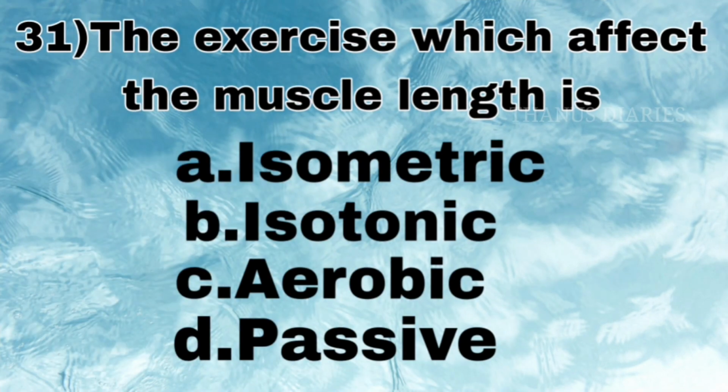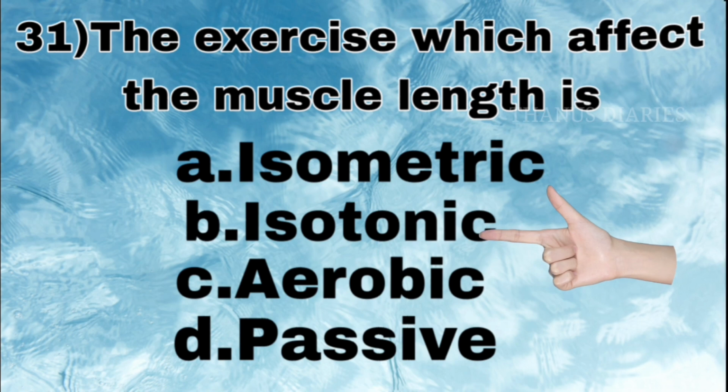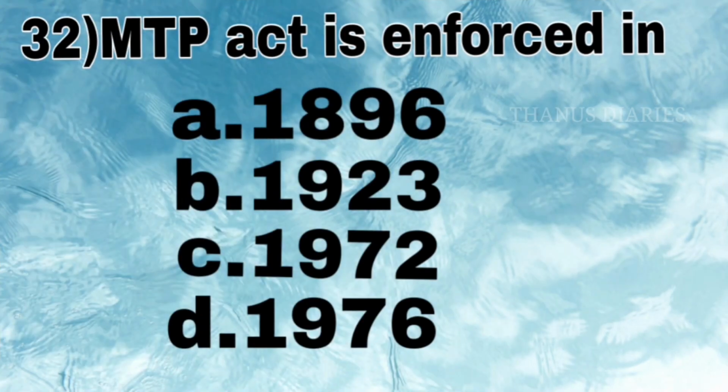The exercise which affect the muscle length, isometric, isotonic, aerobic and passive exercise. It's isotonic exercise which affect the muscle length. Next question, MTP Act is enforced in medical termination of pregnancy. 1896, 1923, 1972, 1976.